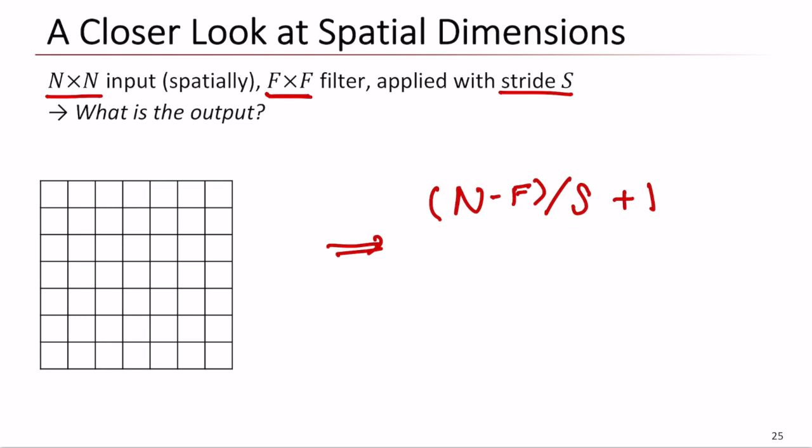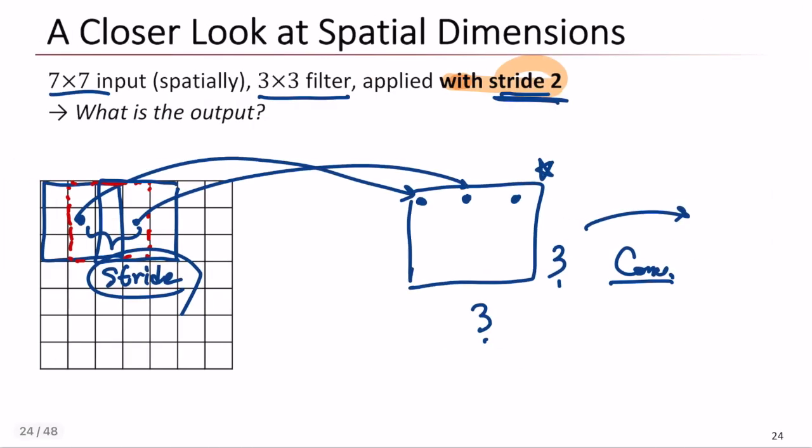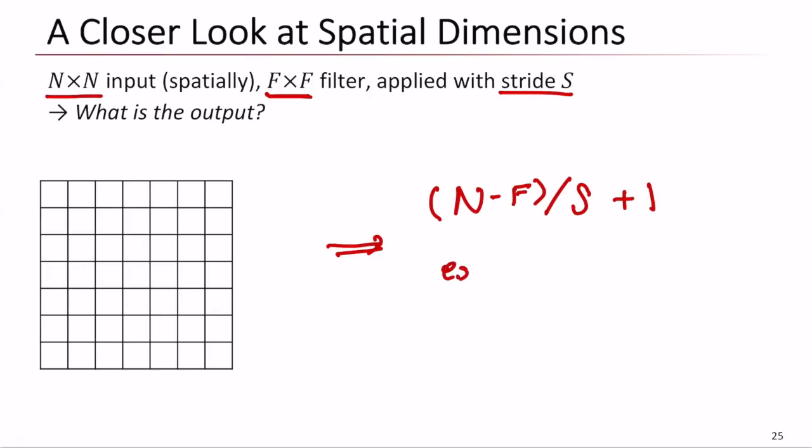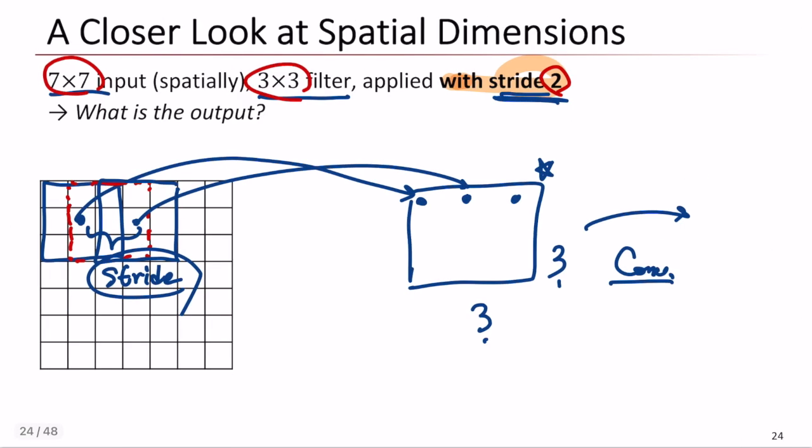So, for example, if your input is 7, the filter is 3, and the stride is 2, what happens? (7 minus 3) over 2 plus 1, that's 4 over 2 plus 1, which gives 3. So the output is 3 by 3.